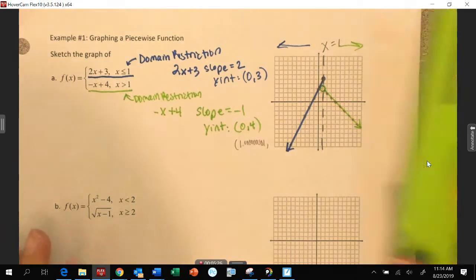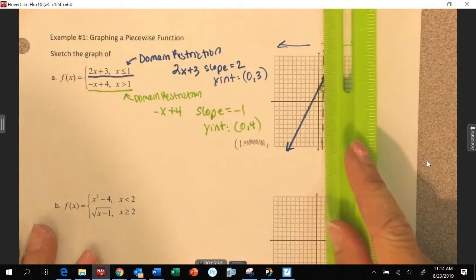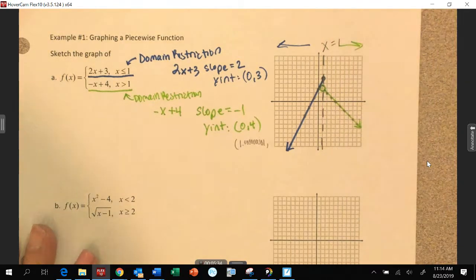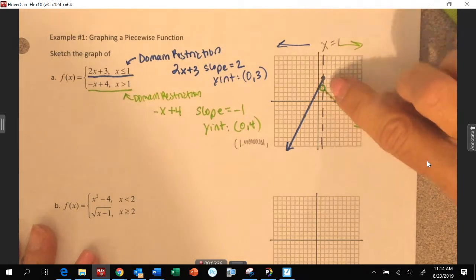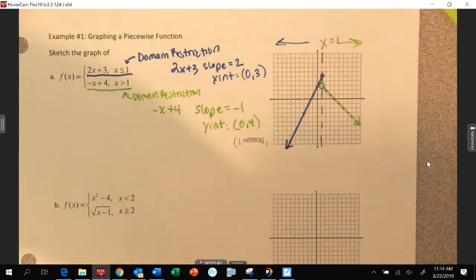If I took a straight edge and I went from left to right, there would be no place where both graphs hit vertically at the same time. Because what happens at 1? One is open, one is closed, so they don't hit at the same time because one's open. Okay? Next one.